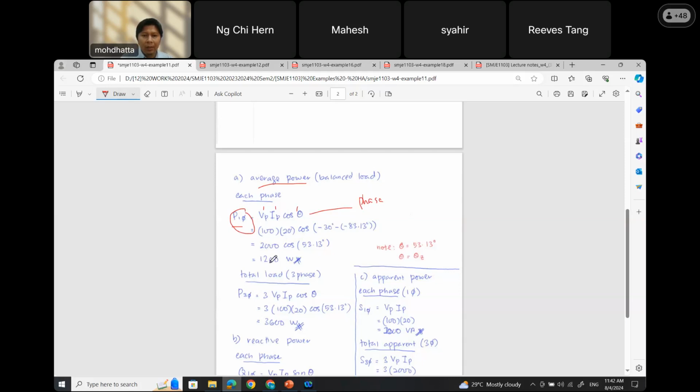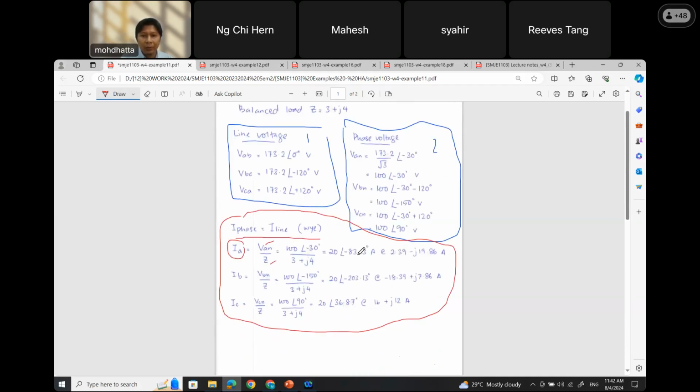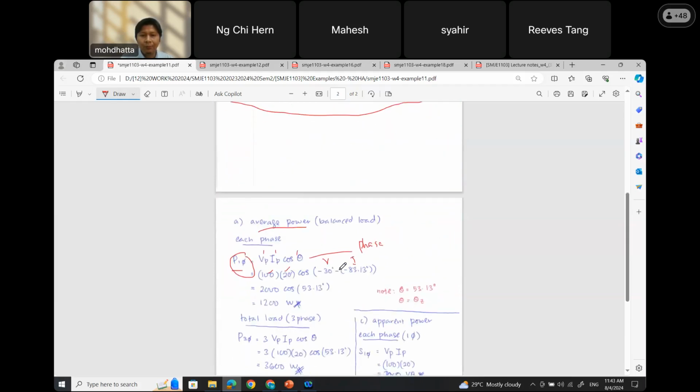All I need in terms of values is the phase voltage magnitude, the phase current magnitude, and the difference between theta V and theta I. Theta V is negative 30 and theta I is negative 83.13, looking back at our solution 4.